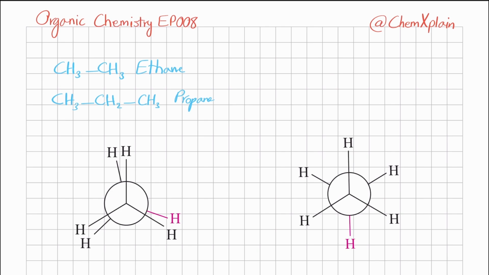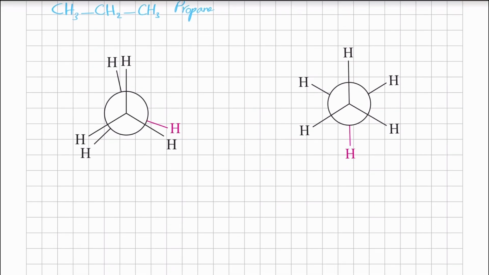Now, to have a short review, I have 2 images or 2 conformations here for you. The one on the left, when you look at this, you can see that the 2 hydrogens that are connected to 2 different carbon atoms are face to face. It means when you look at them, they don't have a difference between themselves.